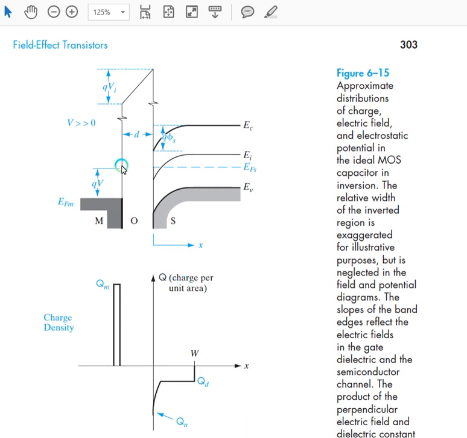We have here a MOS capacitor where we are saying that we deposit one type of charge on the metal and the equal and opposite amount of charge gets induced in the semiconductor. So if we are depositing a positive charge on the metal, it will look like this because we are plotting charge density versus the distance. So it's maybe a spike of charge denoted by Qm.